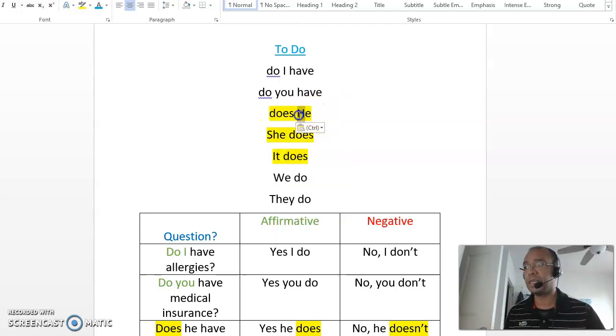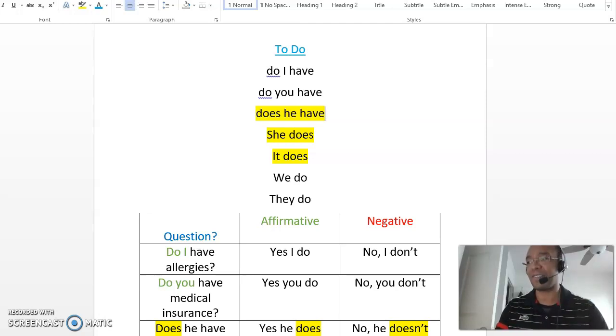Does he? Does he has? No, that would be incorrect. It's does he have? Okay, that is the rule because you're using does.